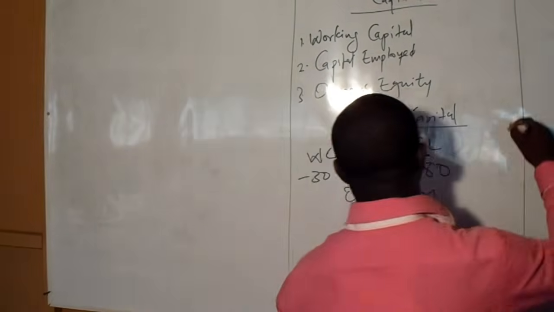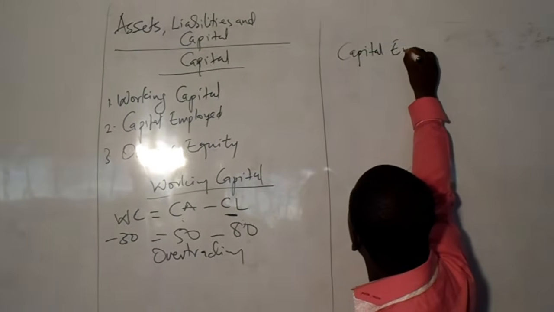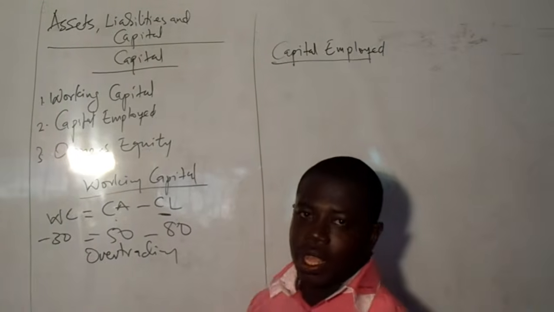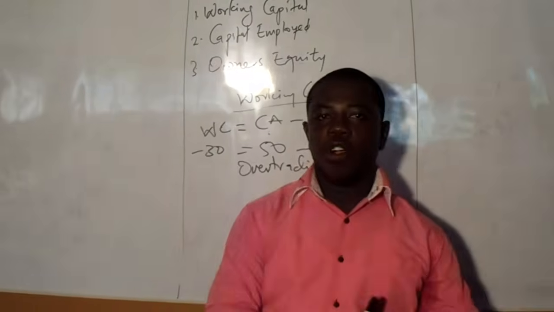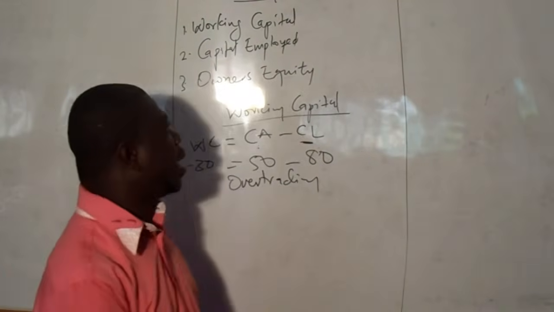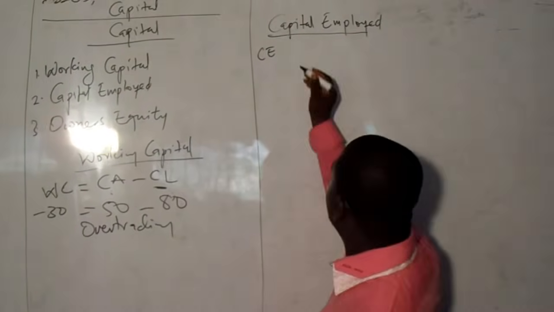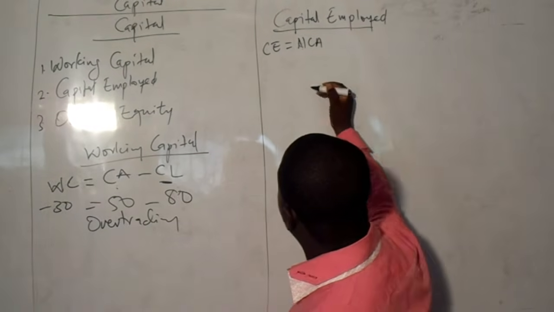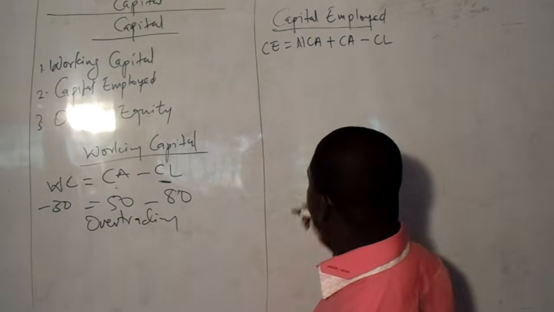All right. So the second form of capital we are looking at is capital employed. Capital employed is the excess of your total assets over the current liability. How is it different from working capital? Now, your capital employed, which I'm calling CE, is your fixed assets or your non-current assets plus your current assets minus your current liability.